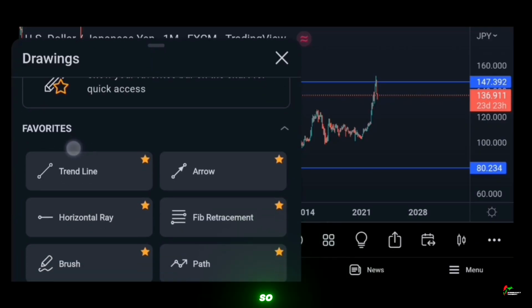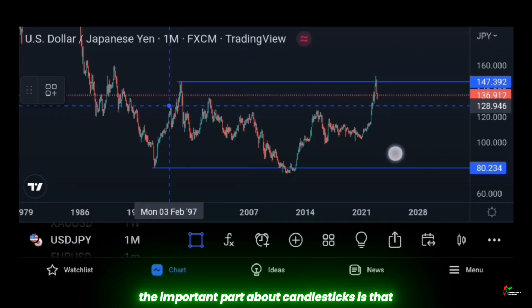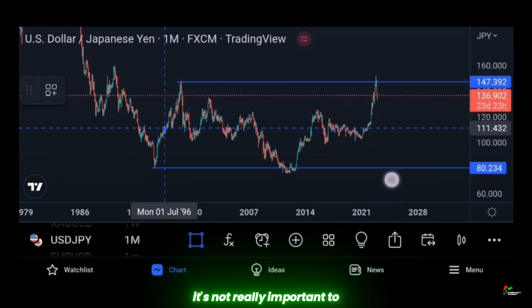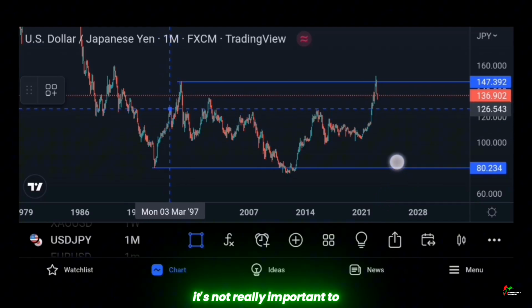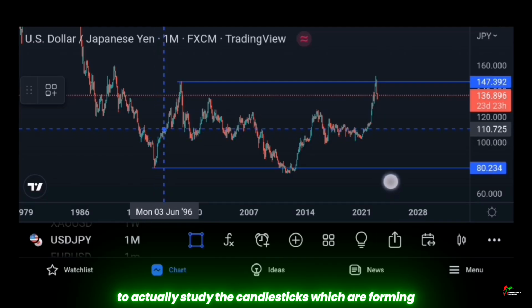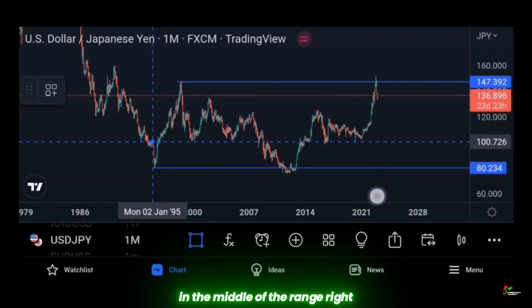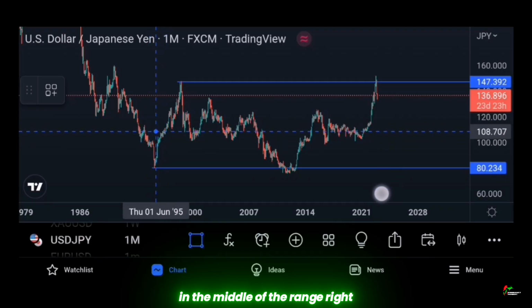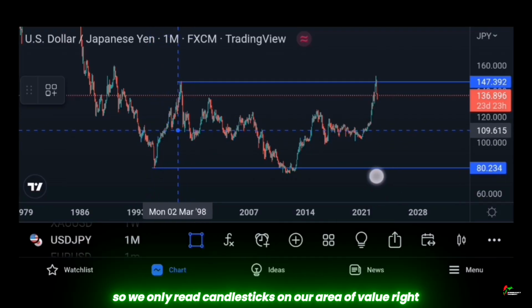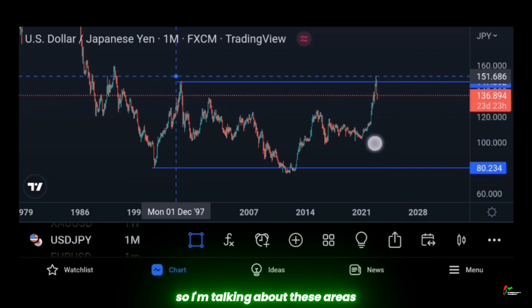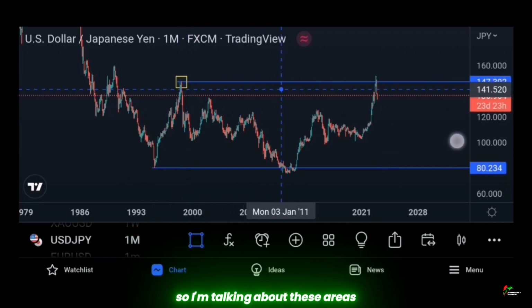candlesticks. The important thing about candlesticks is that it's not really important to study the candlesticks which are forming in the middle of the range. We only read candlesticks on our area of value. I'm talking about these areas.